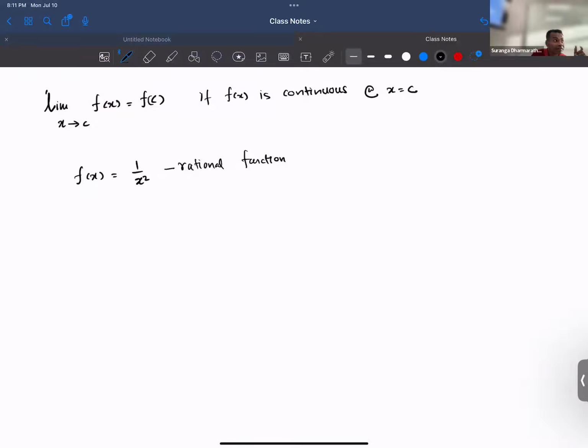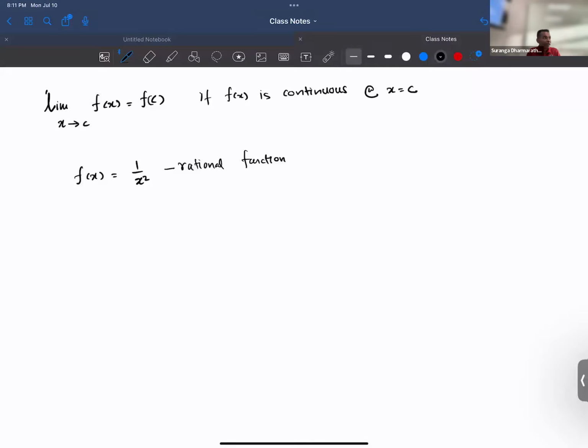Zero. Why isn't it defined at 0? When the denominator becomes 0, the function is undefined. We say that it goes to infinity, but it's not really defined. Something divided by 0 is not defined.